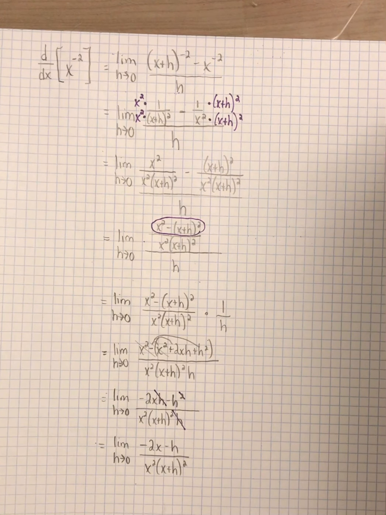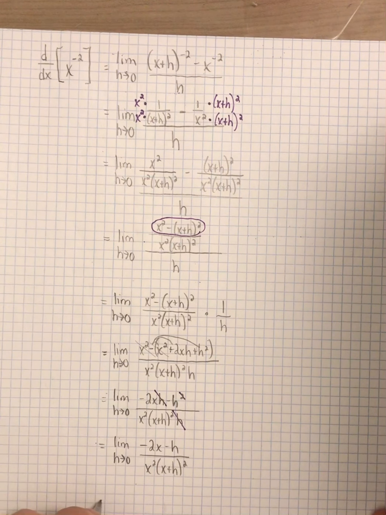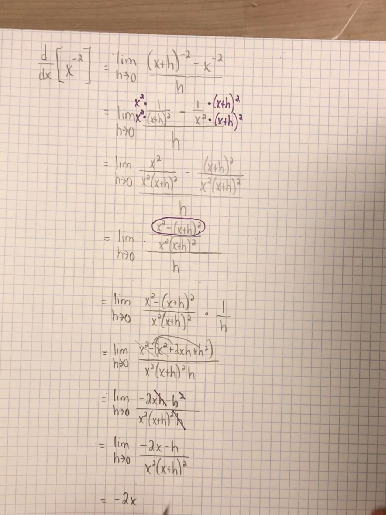And at this point, as I said, there's nothing wrong with sticking a 0 in for h there. And of course, in the numerator, there's never a problem. So we get negative 2x. The h here will drop out because minus 0 is 0. And x plus 0 is just x.